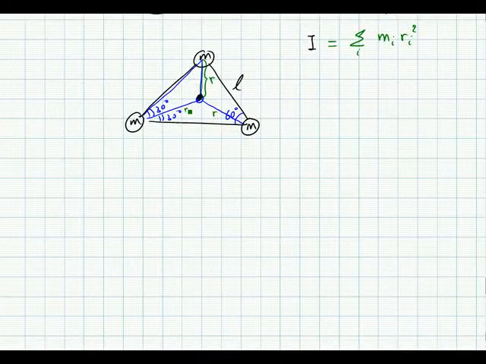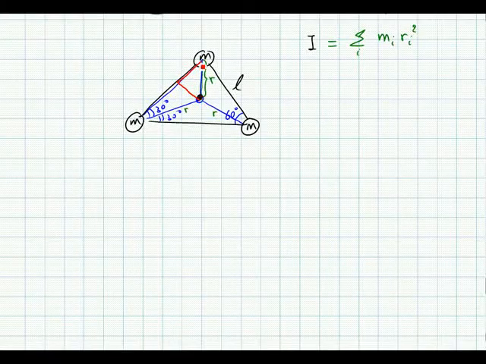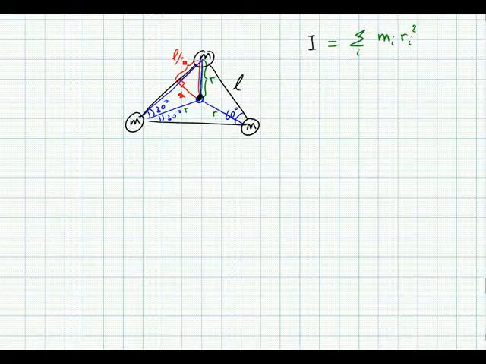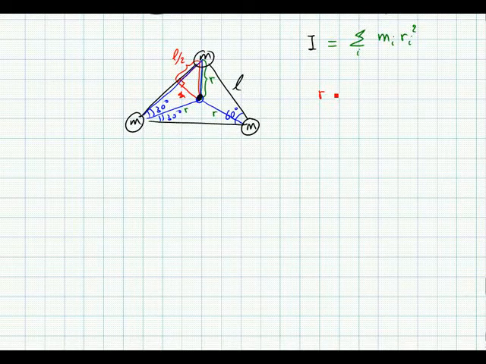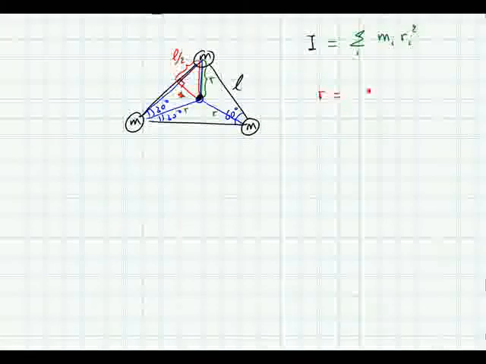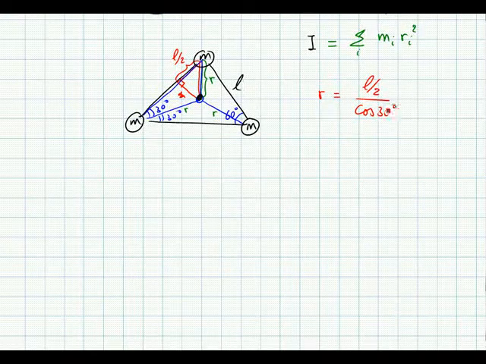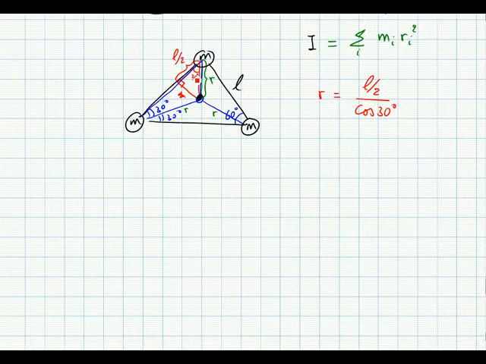And to figure out R, you look at this red triangle right here, where this is 90 degrees, and this side here is L over 2, that's half the length of each side, and as you can see, R is equal to L over 2 divided by cosine of 30 degrees by just looking at the red triangle. This angle here is 30 degrees, of course.